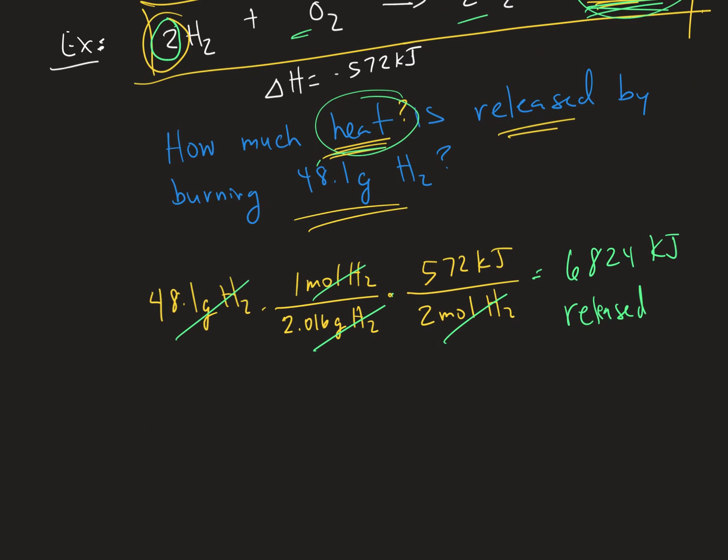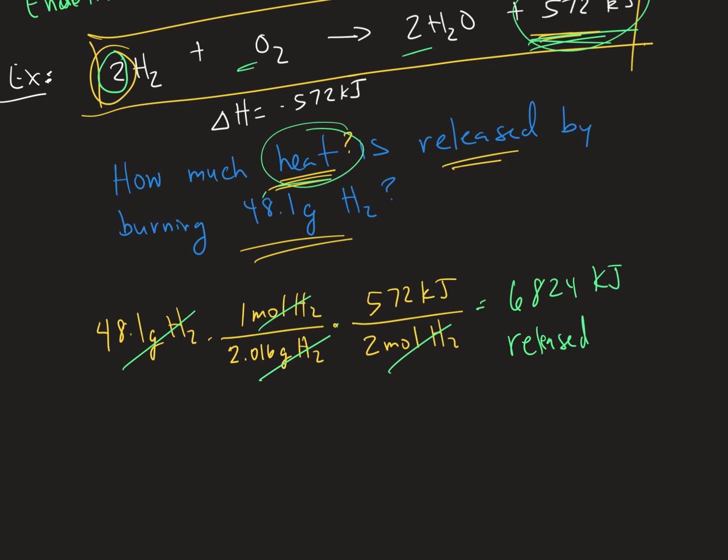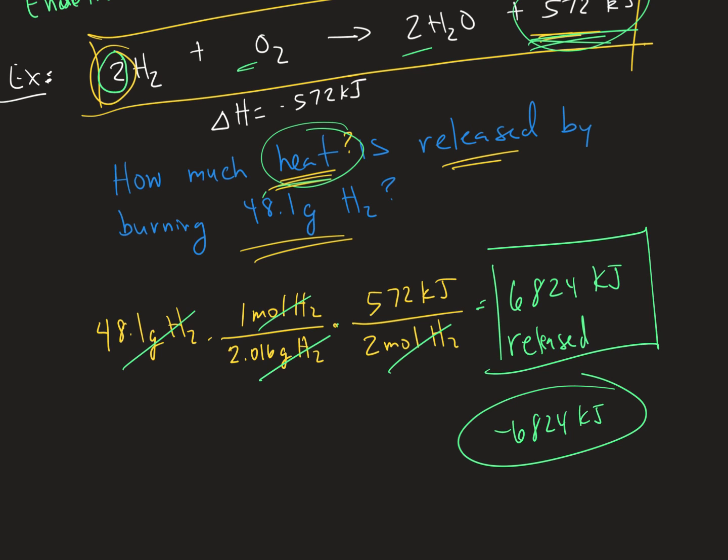Or we can say we have a value of negative 6,824 kilojoules. That also says it's released, right? So in most cases we'll just keep it positive and tack on the word released. Or if it's endothermic, we'll say it's absorbed. Good?